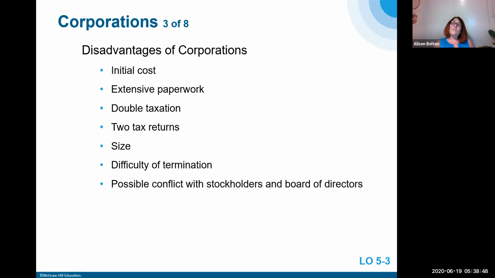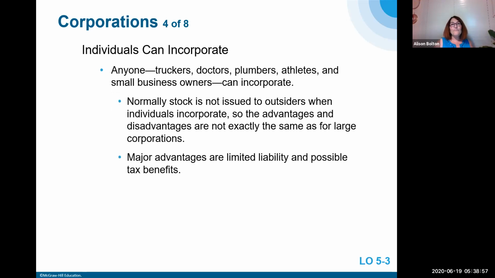There are so many more people involved than as a sole proprietor or a partnership. These are different concepts you really need to take a look at. So as I noted, anyone can become a corporation or have a corporation, but you can't have stock that goes outside of the group. It stays inside the corporation.